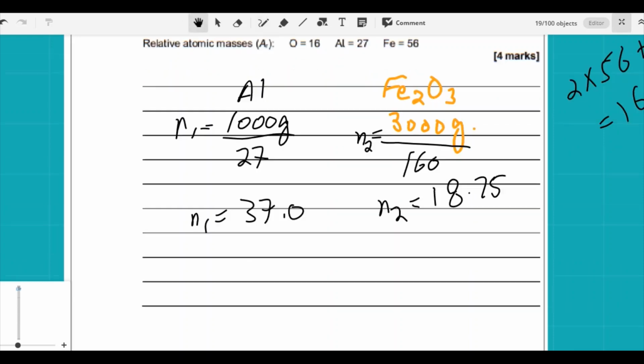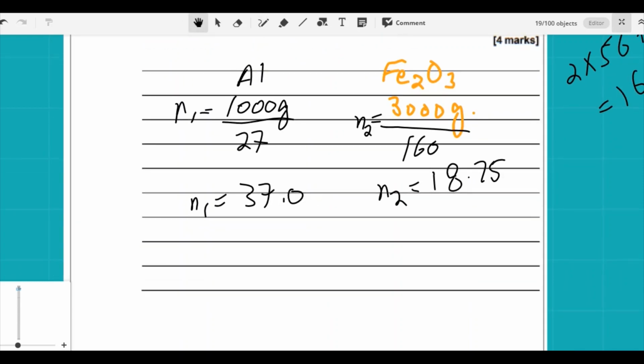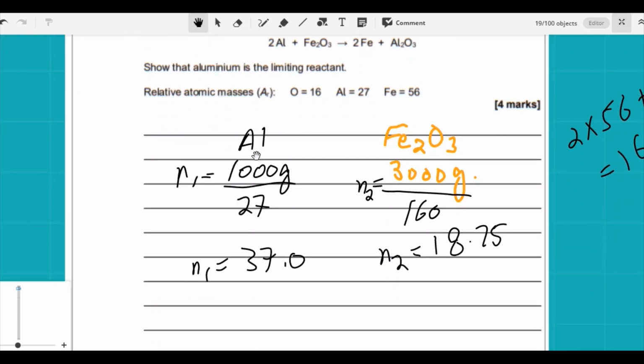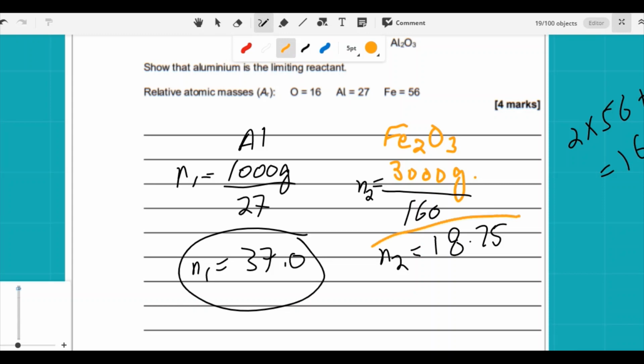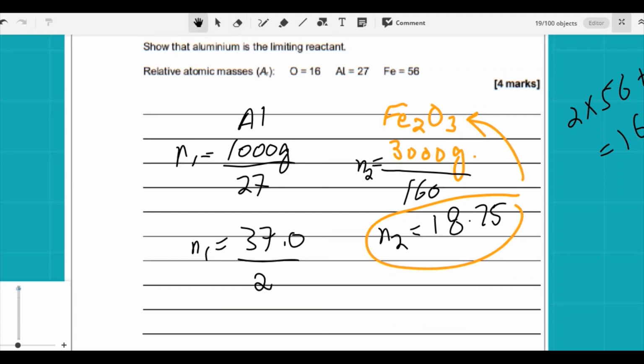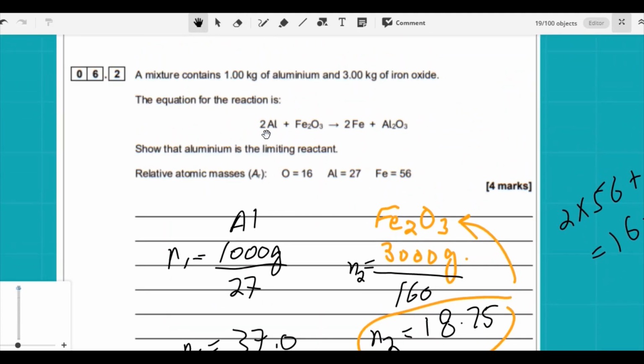Now if you see in the reaction, there are 2 moles of aluminum and 1 mole of iron oxide. So you have to equalize them. How? By dividing the aluminum moles by the number 2, because that is present in the equation.